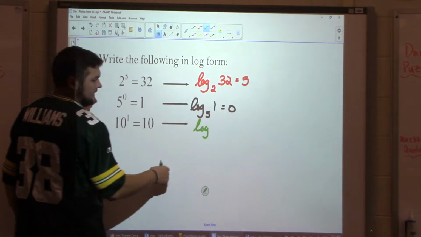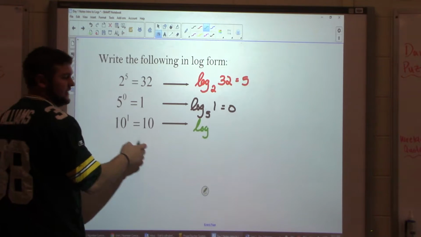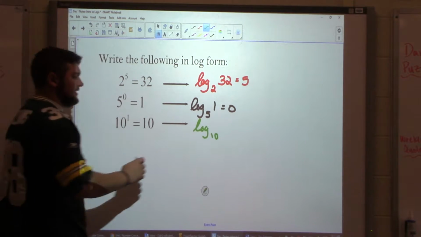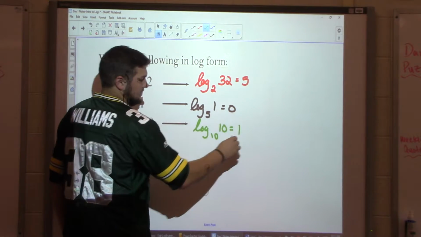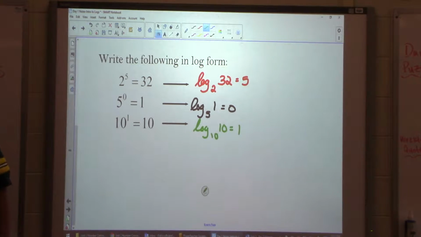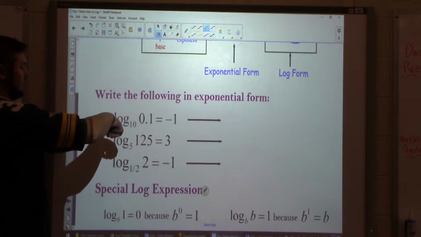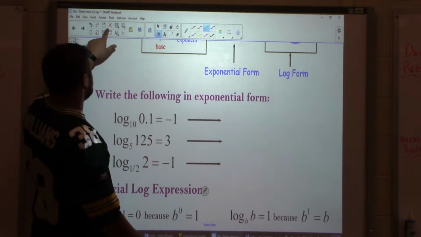I get log base 10, right? Base of my exponent, base of my log, of 10 equals 1. Does that make sense? Are we all okay with that? Do we have any questions on it right now? We just need more practice. Speak now for everyone's peace. Alright. So let's do it the other way. Let's go from log form to exponential.